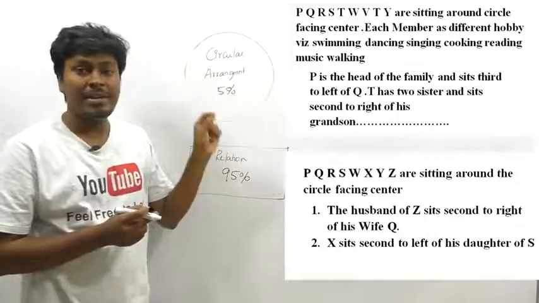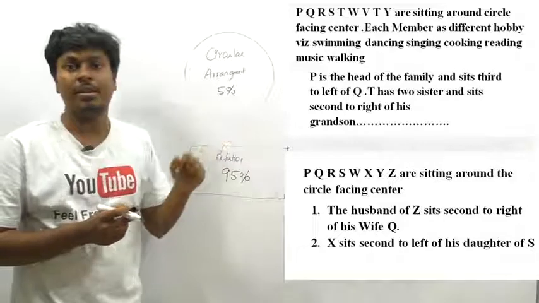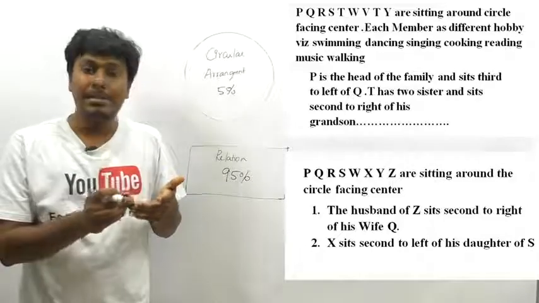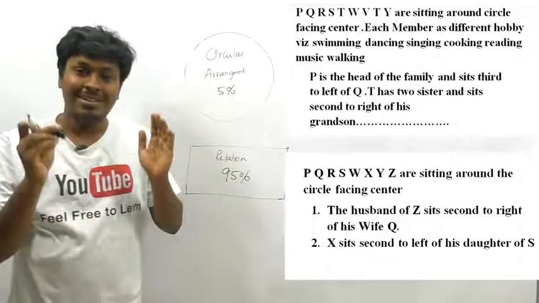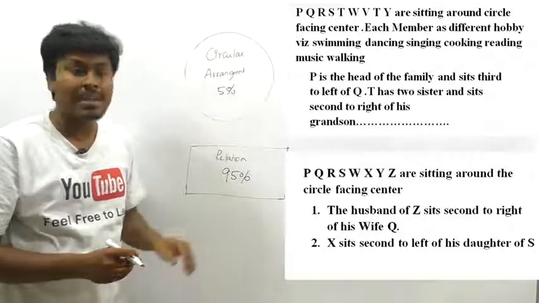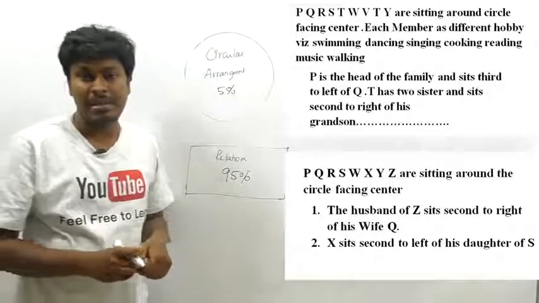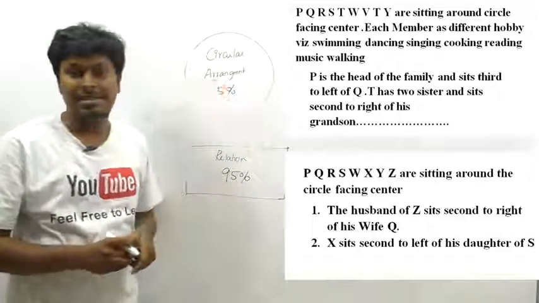In these types of question where the clue word is not given, we don't know the male person, we don't know the female person, we don't know how many couples there are, nothing. So if this question occurs in your exam, our target is not to solve the circular arrangement. Our only target, 95%, is to finish the relationship of the persons. If you finish the relationship of the persons, solving the circular arrangement is easy.